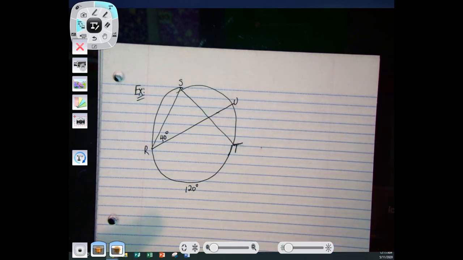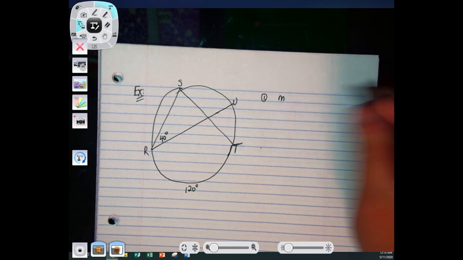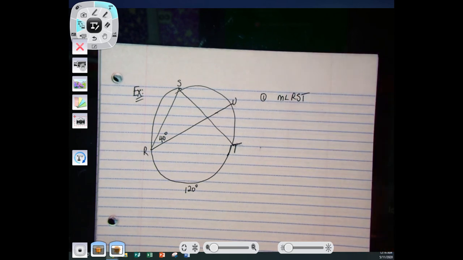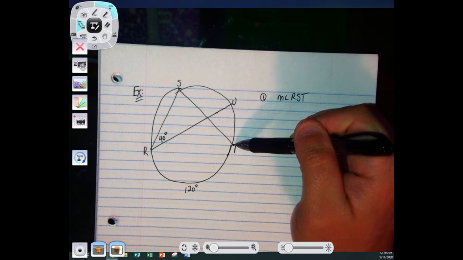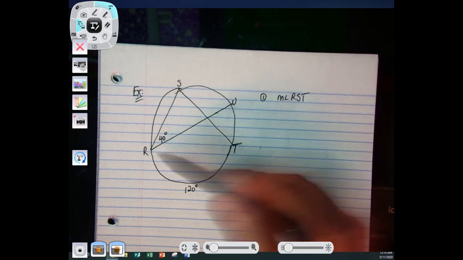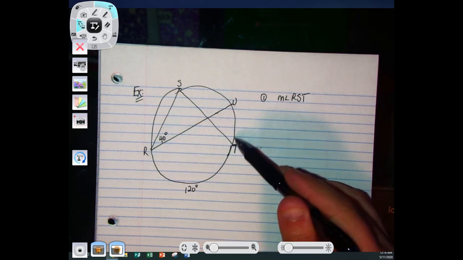And they're going to say two things. So first, they're going to say, find the measure of angle RST. Okay, RST. So notice that this inscribed angle has this intercepted arc, RT.